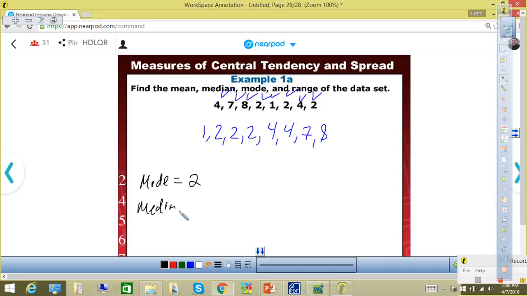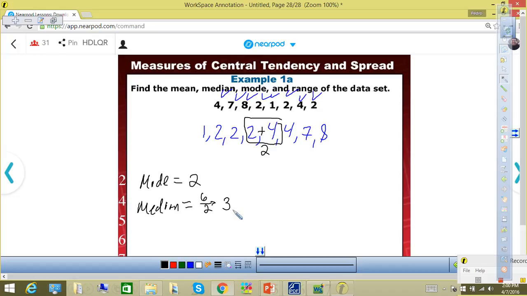The median. But in this case we have 8 numbers. Do we have a middle number here? No, so you put a plus because we don't have a middle number. So therefore, the 2 closest are 2 and 4, so that means 2 plus 4, and at the end you divide by 2. 2 plus 4 is 6 divided by 2, that is 3.